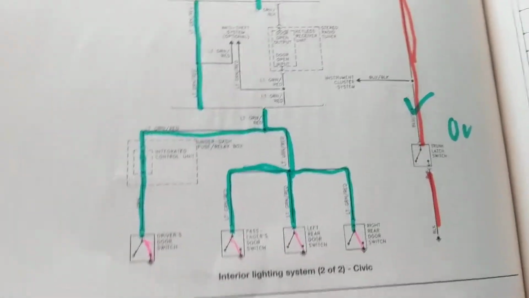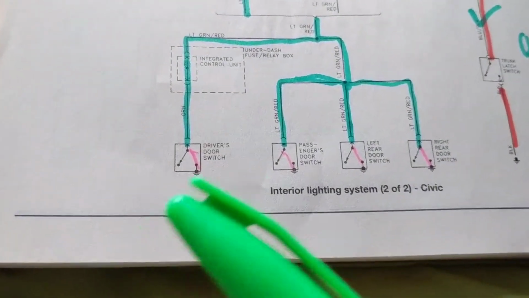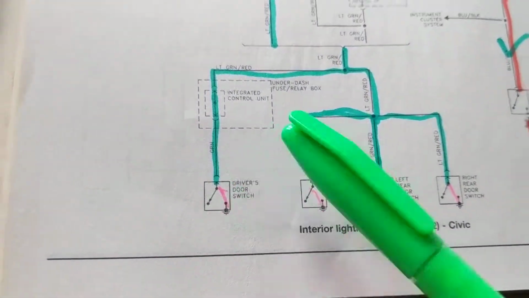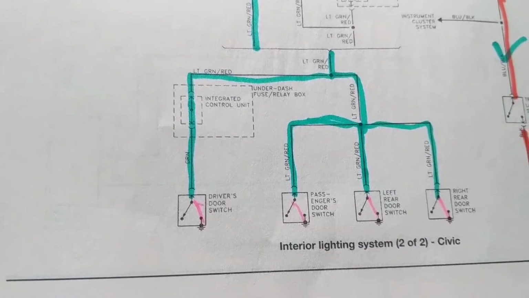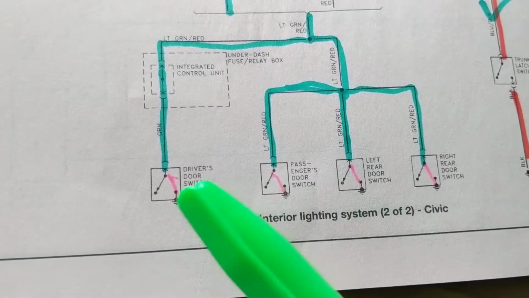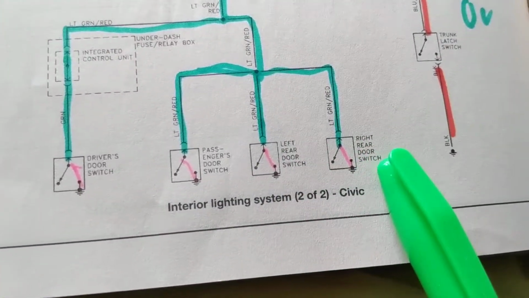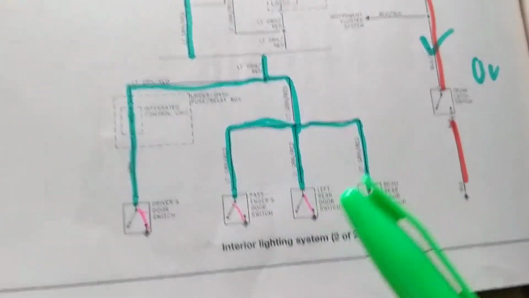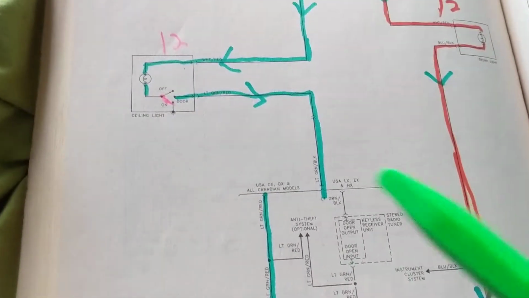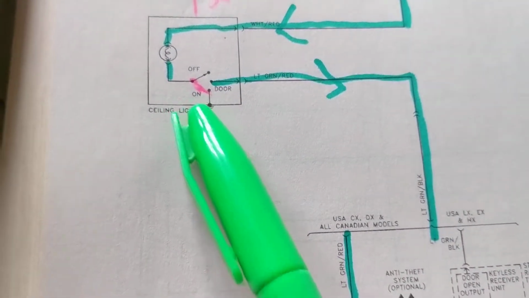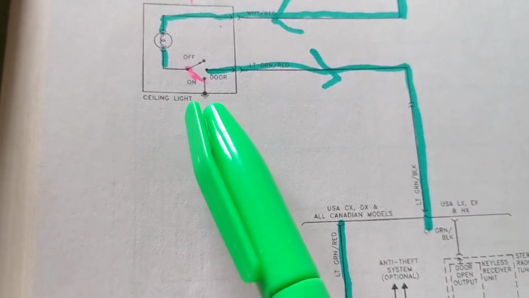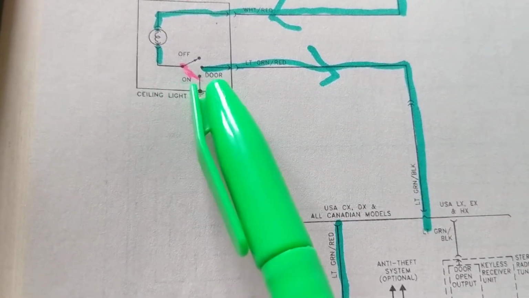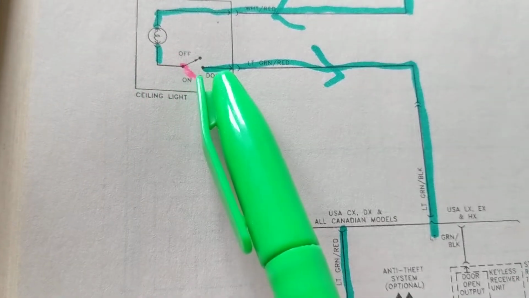So obviously there's a switch in the door that allows that. One for the passenger, one for the driver, one for the rear, left and right, two in the back. So instead of this one that we're turning on the ceiling light, we're going to be turning on the door switch.